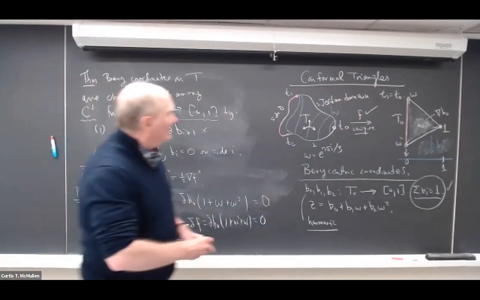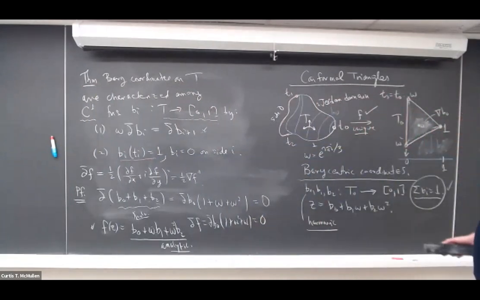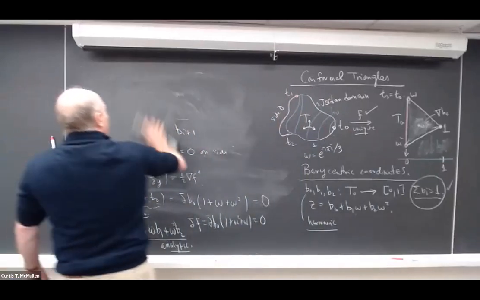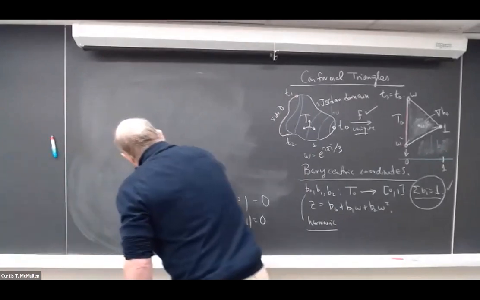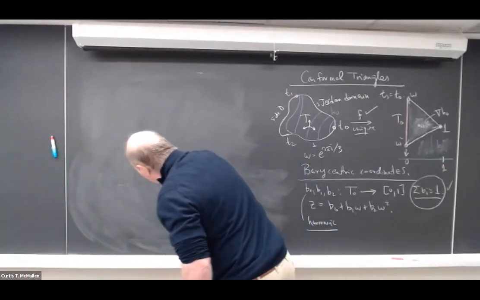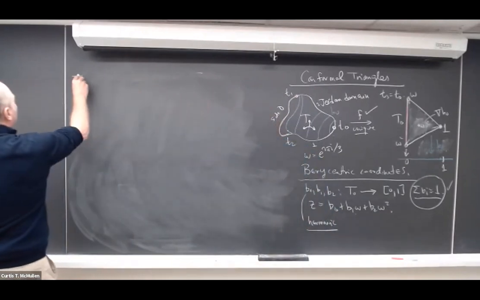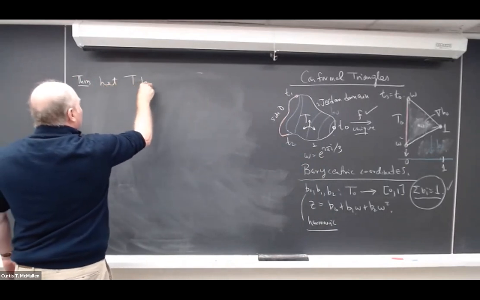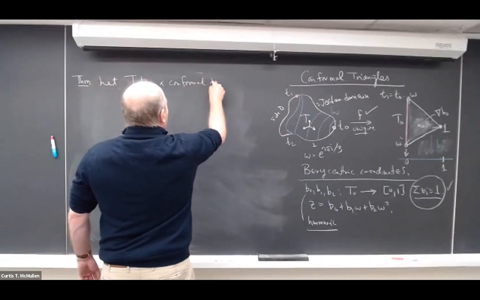Okay, so now I can give a more precise statement of Smirnov's theorem. And this characterization will be part of the proof. But his theorem can now be phrased in the following rather nice way. Let T be a conformal triangle.